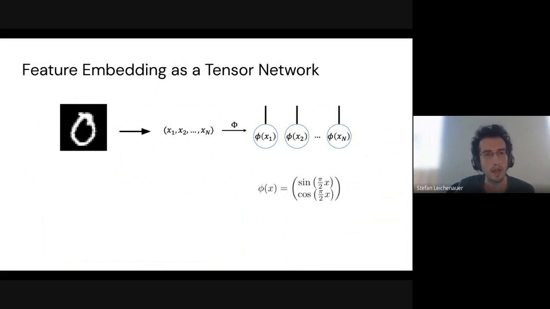And then our feature map consists of a product of local feature maps. In tensor network notation, these would be tensors which are not connected to each other.